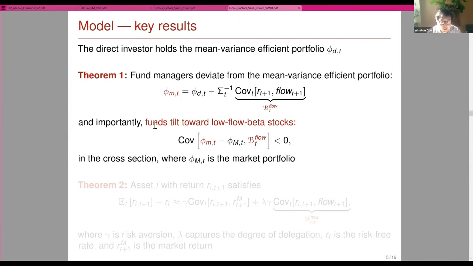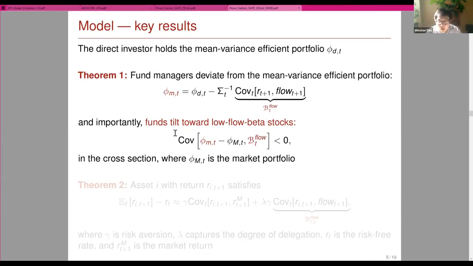And more importantly, we show that the funds tilt away from high flow beta stocks more aggressively, which means in the cross-section, the deviation of the mutual funds' or fund managers' portfolios from the market portfolio is negatively correlated with the flow betas. For stocks with higher flow betas, those mutual fund managers and institutional investors will deviate more because they don't like those stocks with high flow betas.